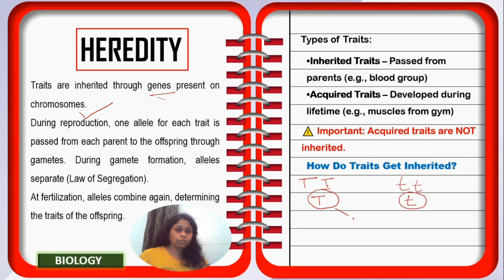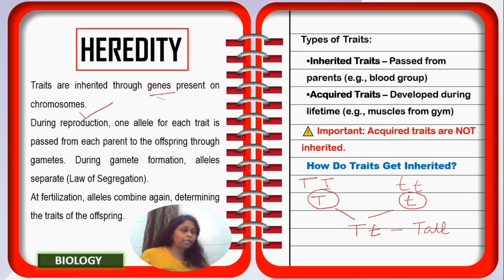Now when they fuse together, what do they form? Capital T and small t, so this is tall. This is what is said here: during reproduction, one allele for each trait is passed from each parent to the offspring through the gametes.